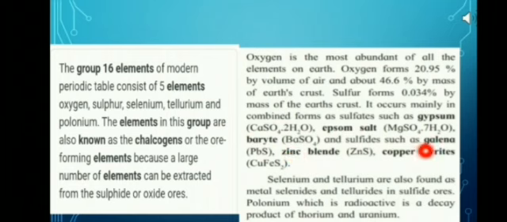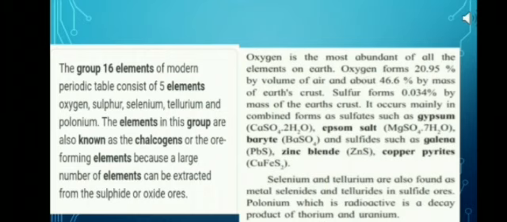Sulfides such as galena, that is lead sulfide, zinc blende, that is zinc sulfide, and copper pyrites. Selenium and tellurium are also found as metal selenides and tellurides in the form of sulfide ores. Polonium is radioactive and it is a decay product of thorium and uranium.